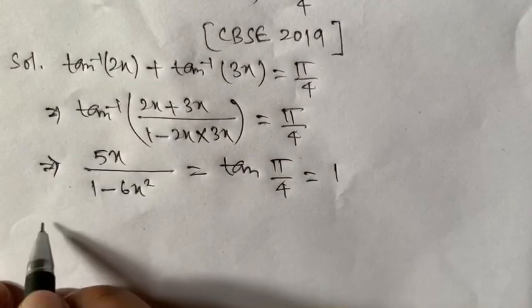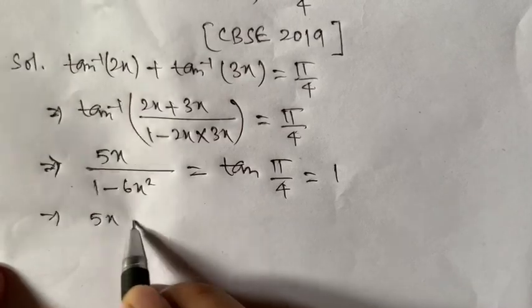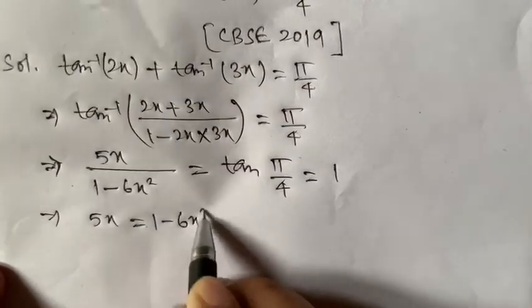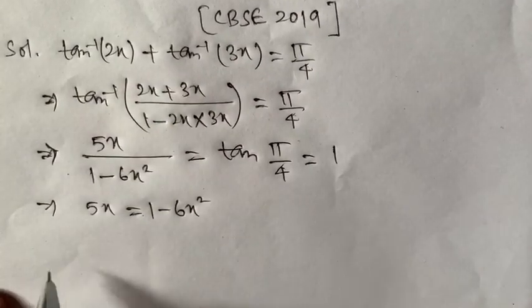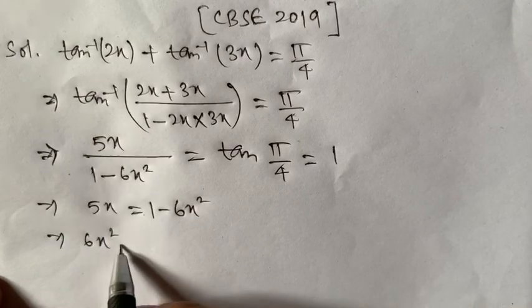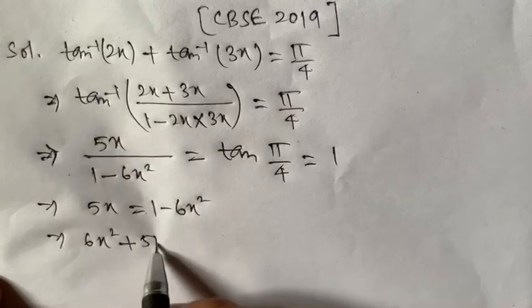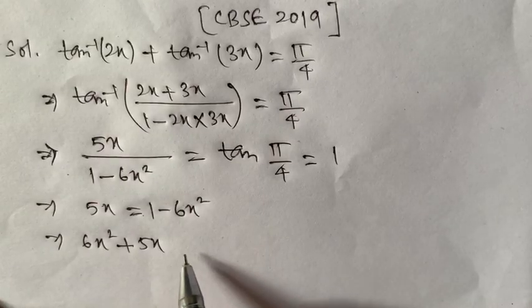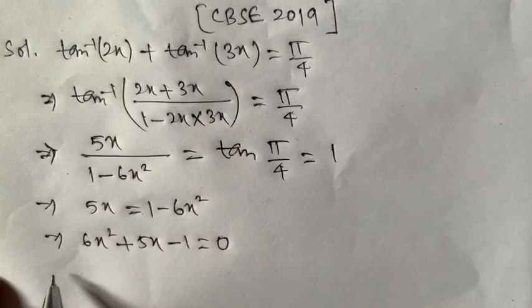Now we will cross multiply to obtain a quadratic equation there. It is this one, and now we will transform this into proper quadratic form. It is 6x square plus 5x minus 1 is equal to 0.